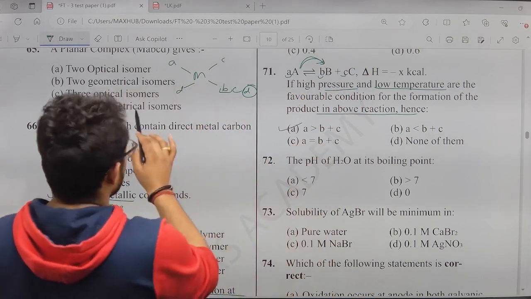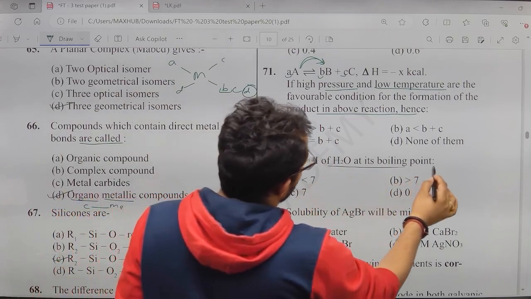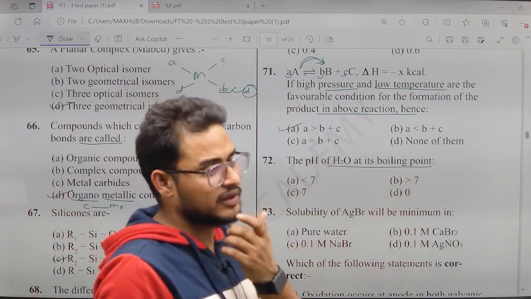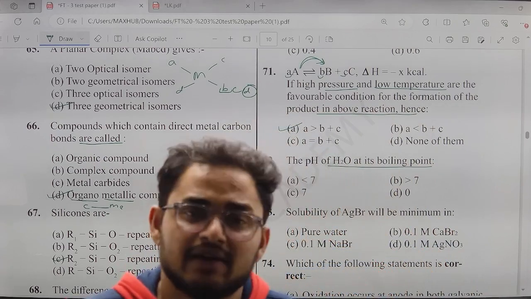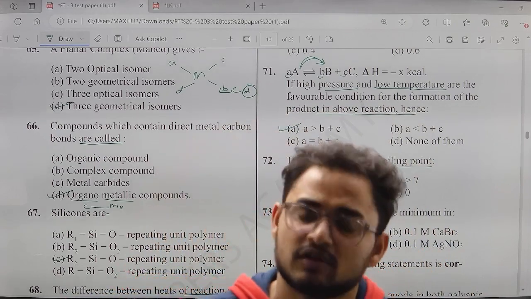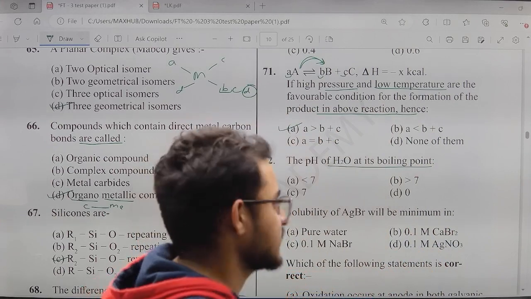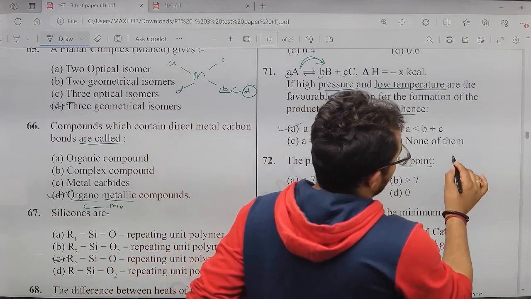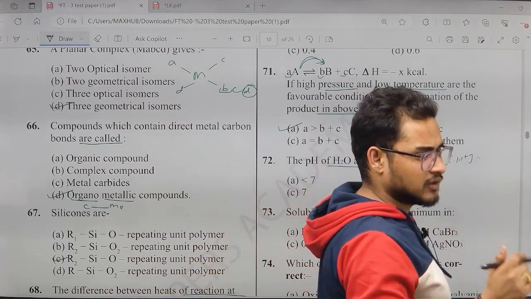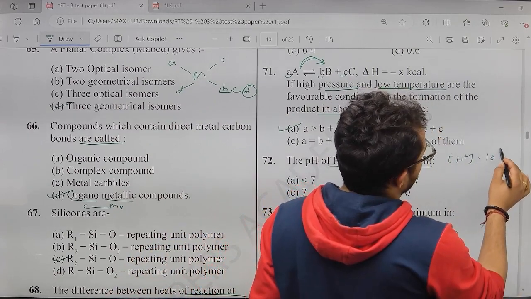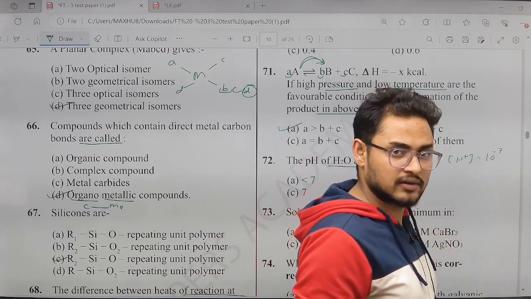Now, the pH of H2O at its boiling point. We know that at the boiling point we are obviously increasing the temperature, and on increasing the temperature ionization increases. Listen, at 25 degrees Celsius, the ionization of H2O into H plus and OH minus is 10 to power minus 7 mole per liter.